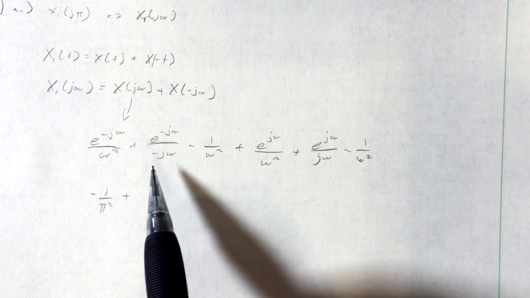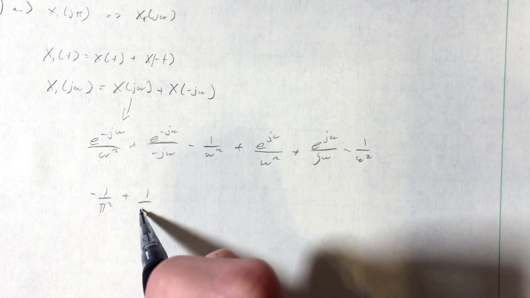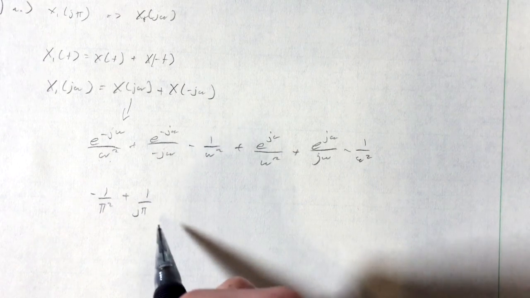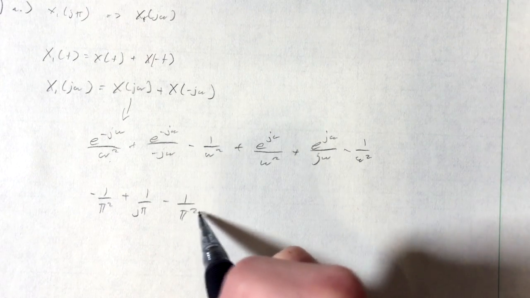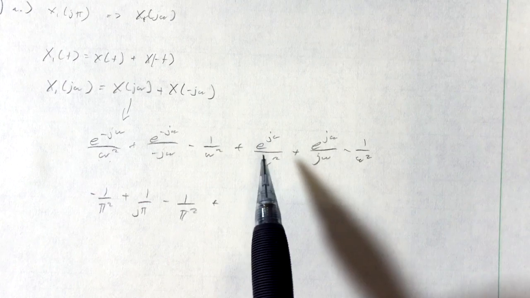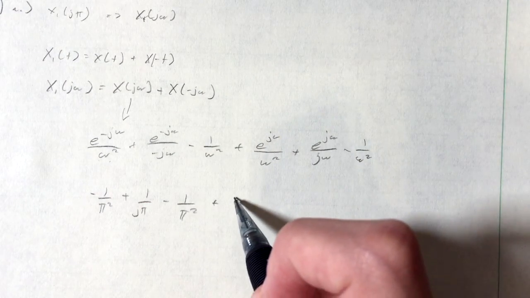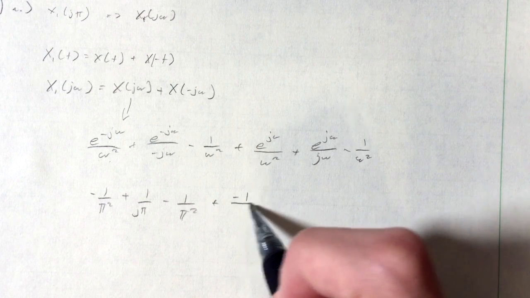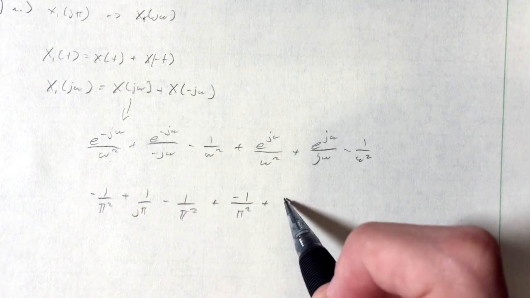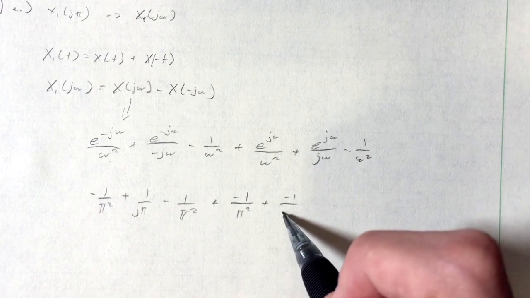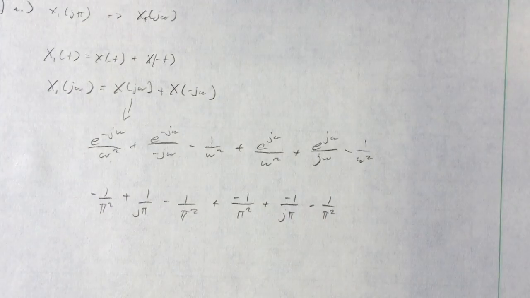Same thing here, we get a negative 1 over a negative, so we get plus 1 over jπ, my bad, and then minus 1 over π², and then e^(jπ) will still give us a negative 1, so we get minus 1 over π² plus negative 1 over jπ minus 1 over π².